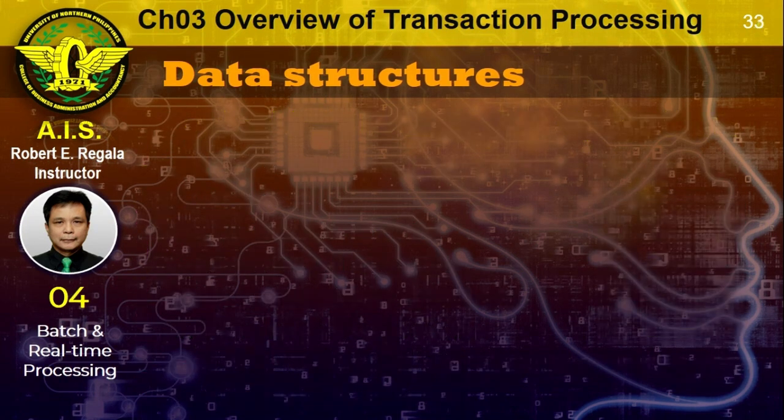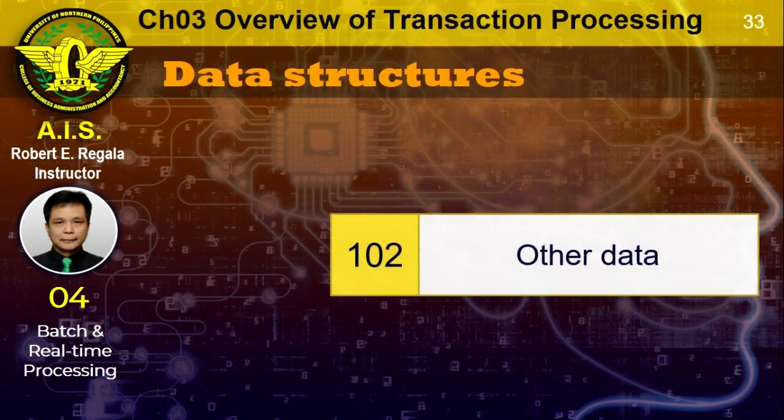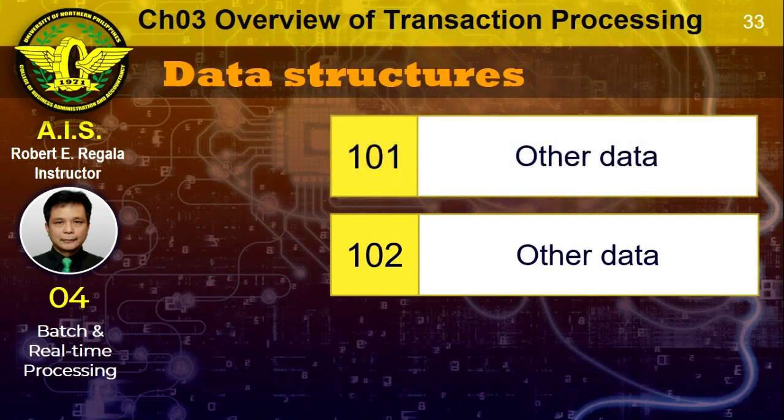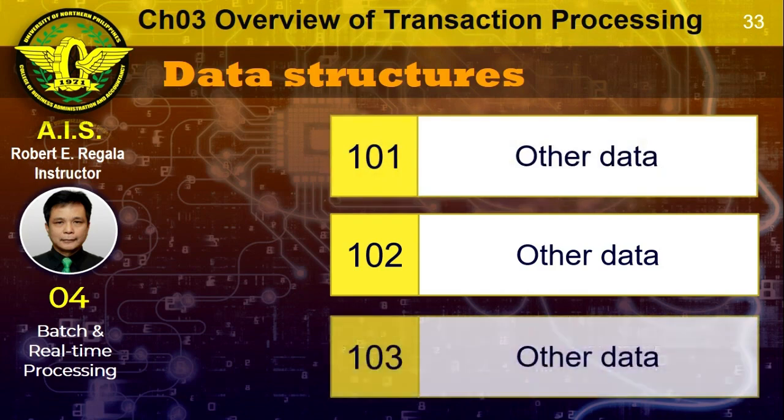Sequential file structures. Batch processing using sequential file structures can be said to be the most basic computer processing configuration. Under this configuration, for example, the record with primary key value 102 is placed in the physical storage space immediately following the record with primary key value 101 and before the record with primary key value 103.